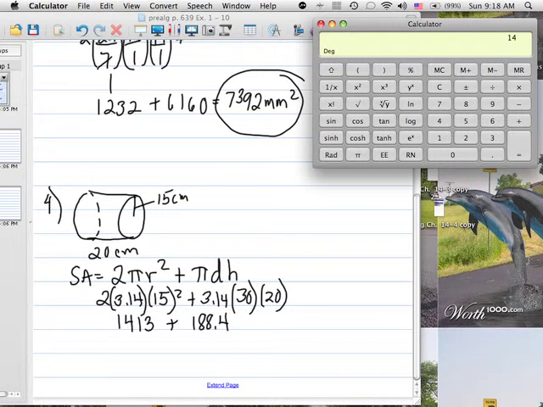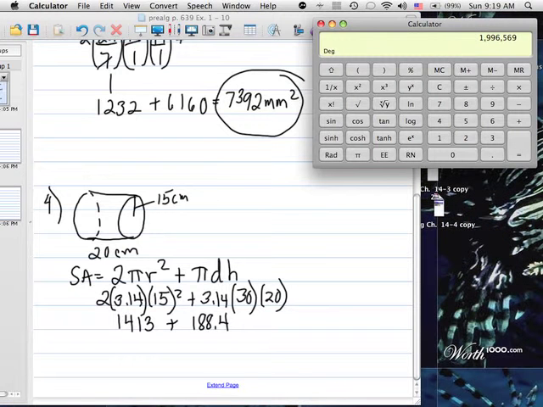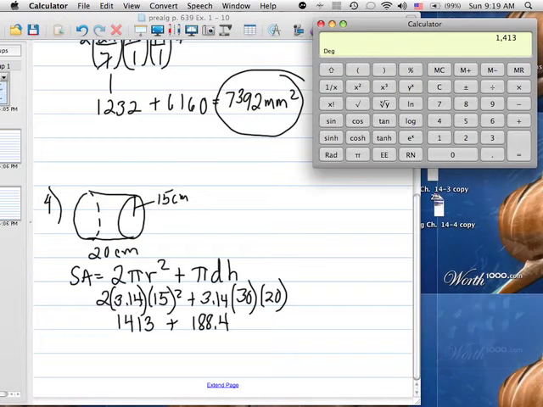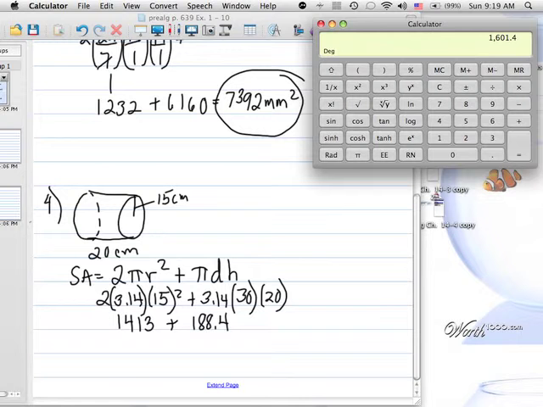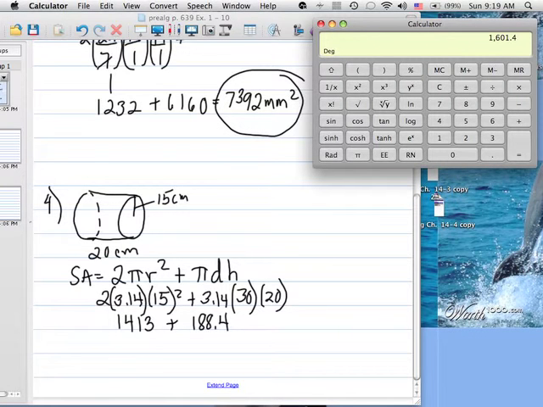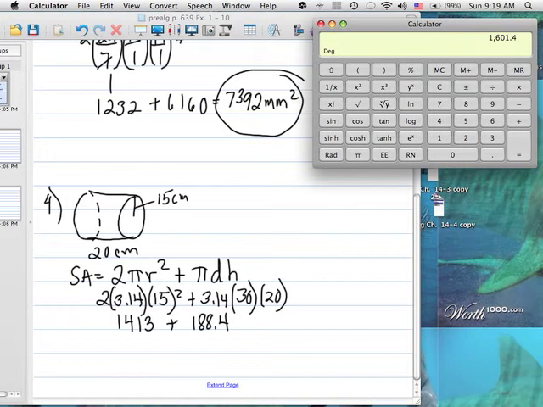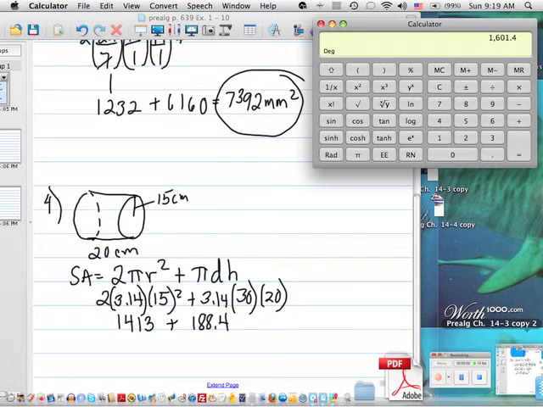Add that to the 1413, and our total surface area is, whoops, let's clear that out. 1413 plus 188.4 gives us 1,600. I think I made a mistake here. Let me pause this for a minute.